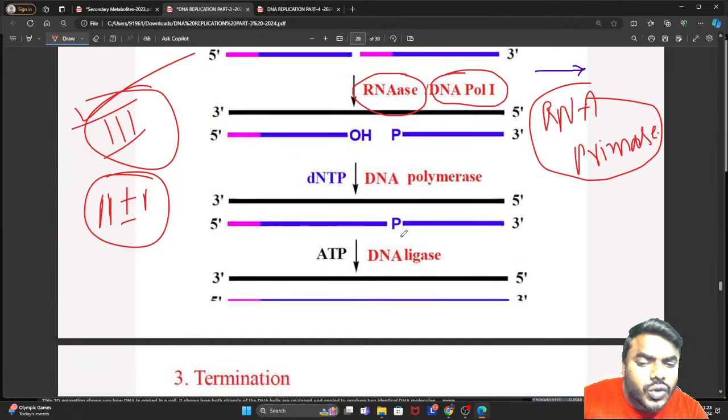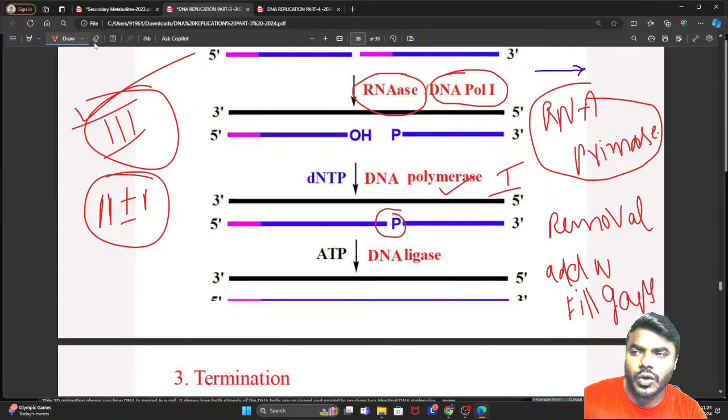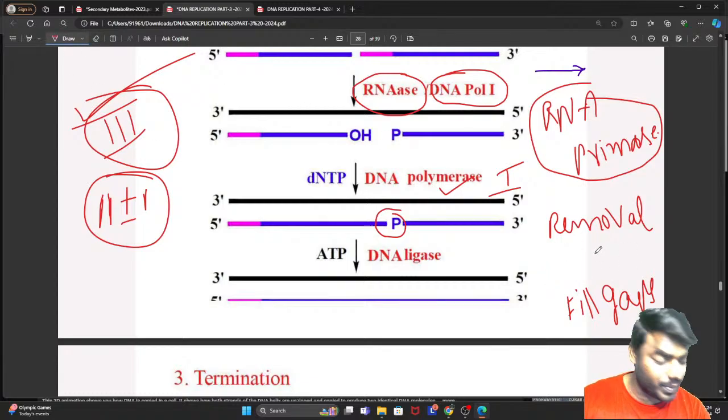Friends, not only removing the primer, the gap is also filled by DNA polymerase 1 itself. So remember my statements. Removal of the primer, and at the same time adding the nucleotides or filling the gaps, can be mediated by that enzyme only.